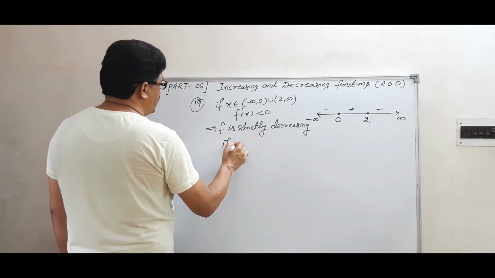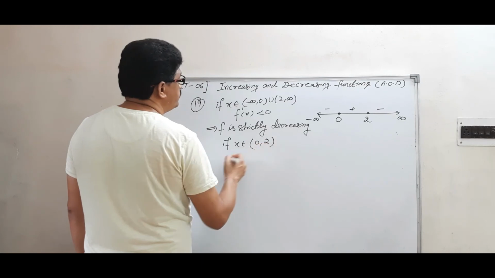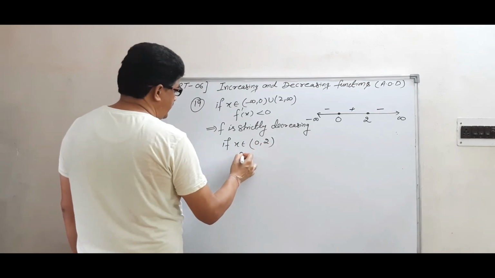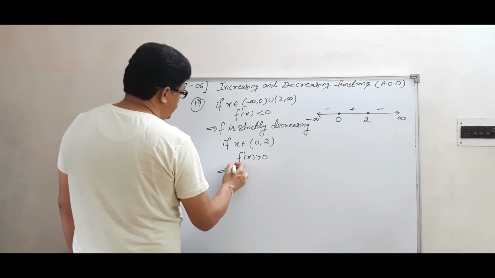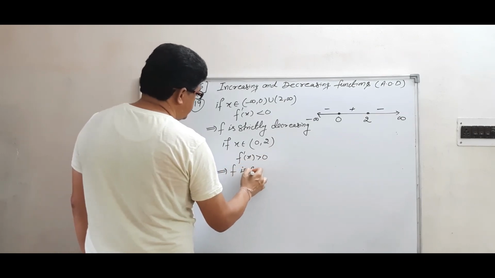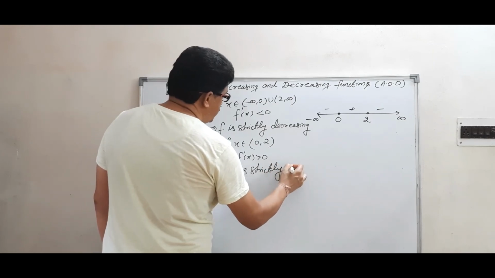If x belongs to 0 to 2, f dash x is greater than 0. So f is strictly increasing.